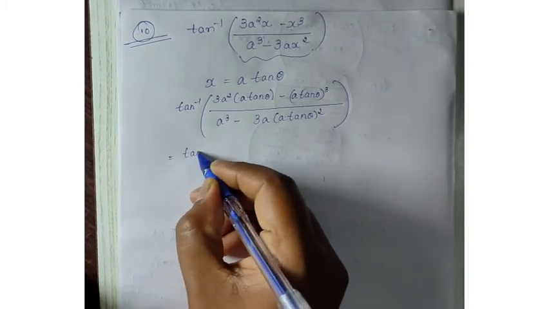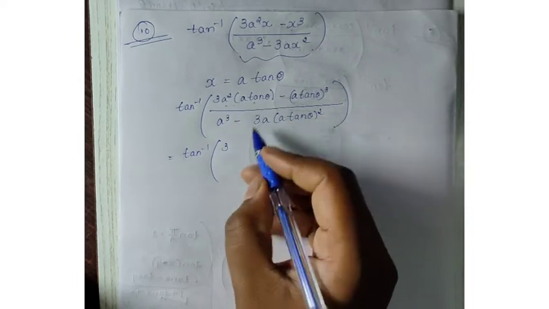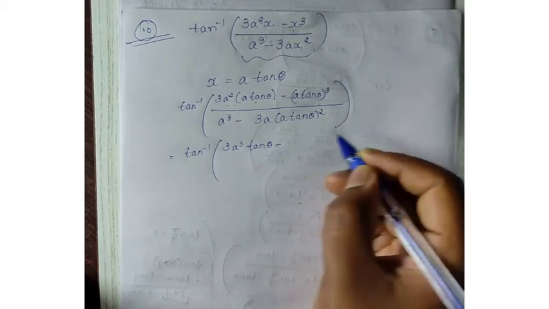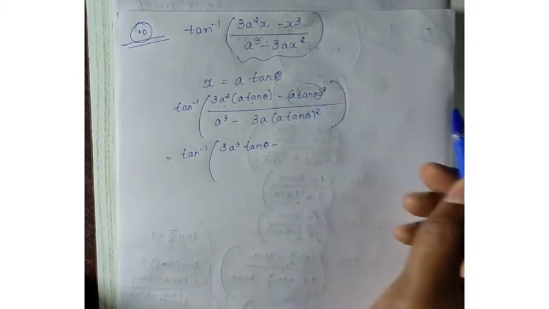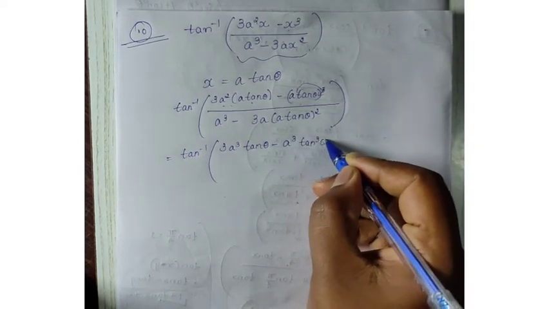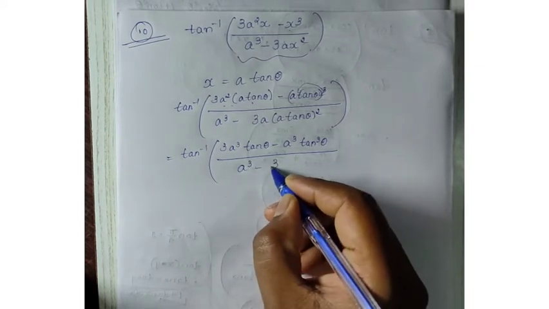Just go on solving this. That is tan inverse, just multiply, this will be a cube tan theta minus, so cube is for both a and tan theta, therefore a cube tan cube theta divided by a cube minus 3.